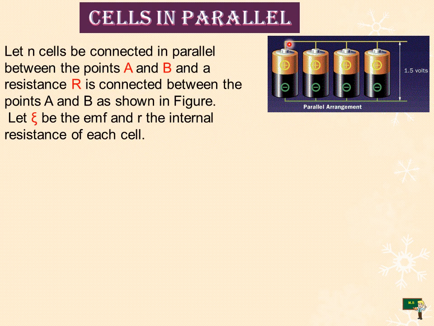See, the positive terminal of the first cell, the positive terminal of the second cell, the positive terminal of the third cell, and the positive terminal of the fourth cell are all connected to the circuit, and the first, second, third and fourth negative terminals have all been connected together.